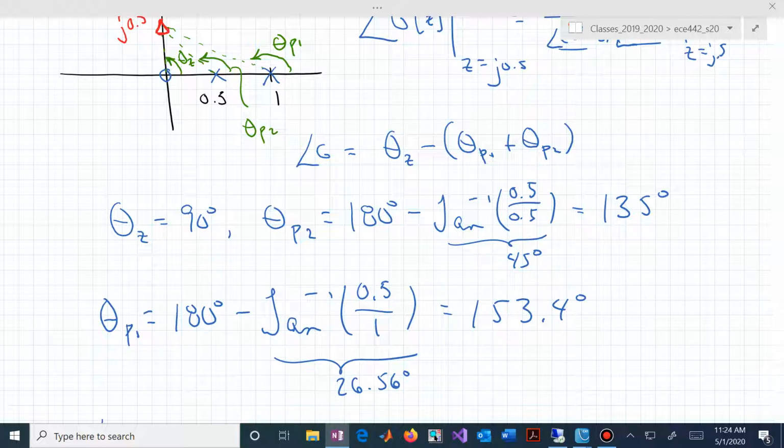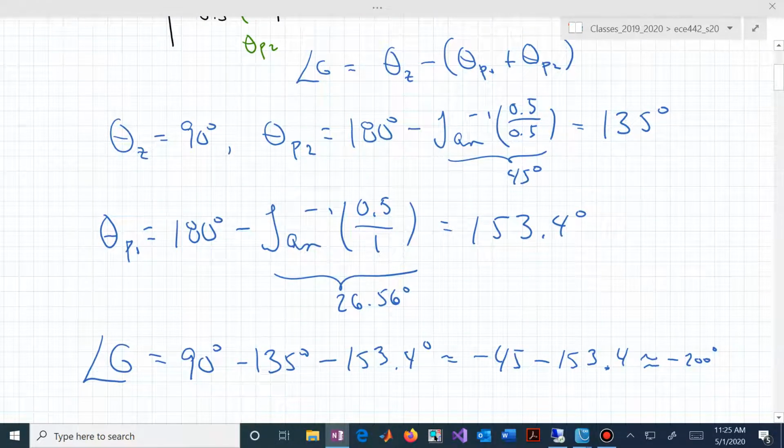We now simply algebraically combine those angles. The angle of the entire transfer function g is the sum of the zero angles, here we simply have one zero, theta sub z, minus the pole angles, and that's adding the zeros and subtracting the poles, just because the zeros are in the numerator, the poles are in the denominator. We do that algebra.